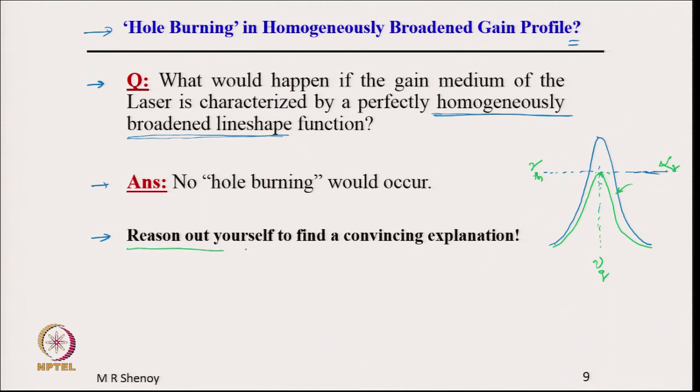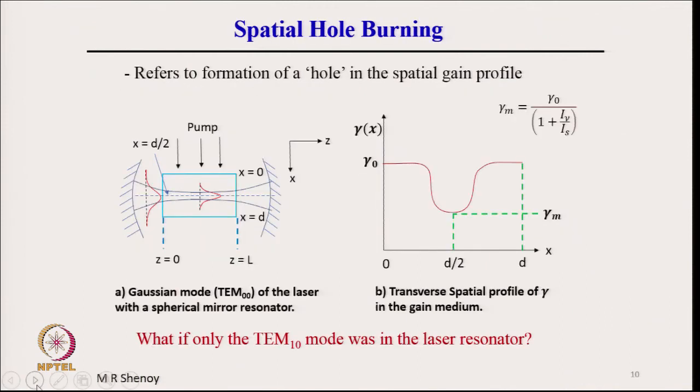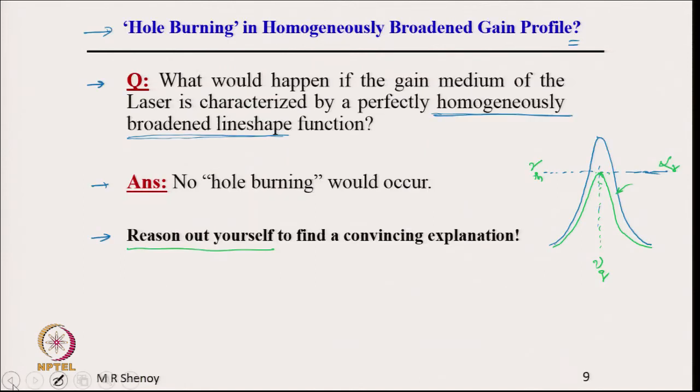So, reason out yourself. All right, one important parallel concept is spatial hole burning. As the name indicates, earlier we discussed spectral hole burning, which means if I had a gain profile, that is gain versus frequency, spectral. So, in the previous one, what is plotted here is frequency nu versus gain. So, this is the spectral gain profile.